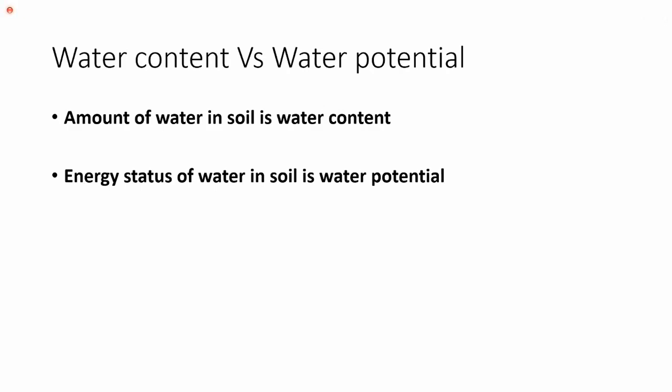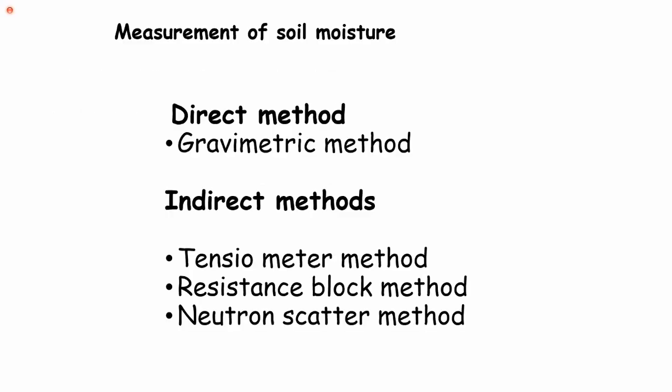And water potential is the energy status of water in the soil. So both are entirely different things. Water content refers to the amount of water, whereas water potential is the energy status of water in the soil.